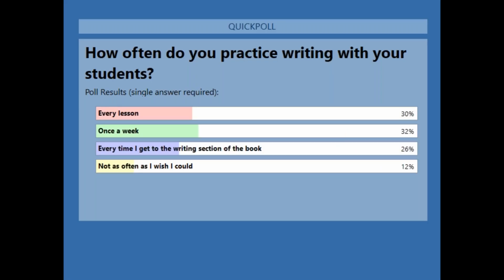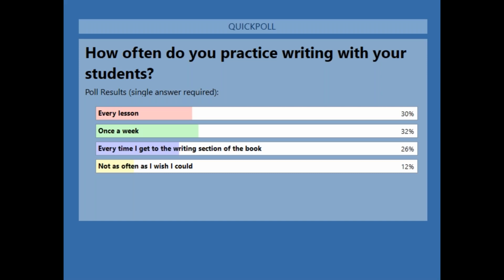Okay, so according to this, some of you practice every lesson, some of you practice once a week, and some of you every time you get the chance when working with your book, and a few answered that not very often because there's no time.